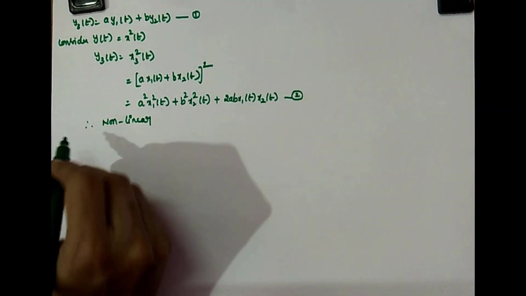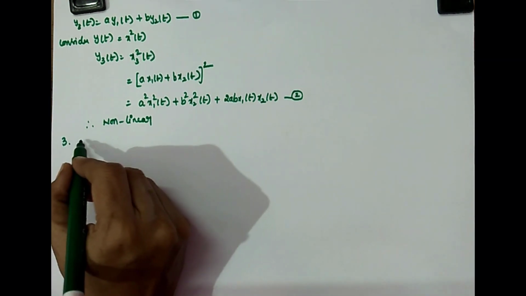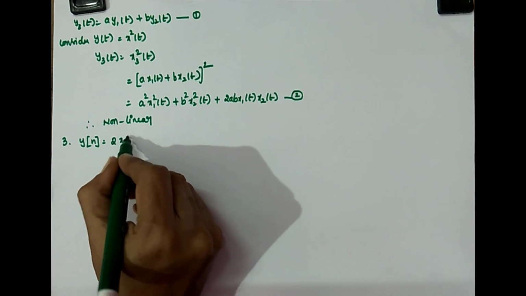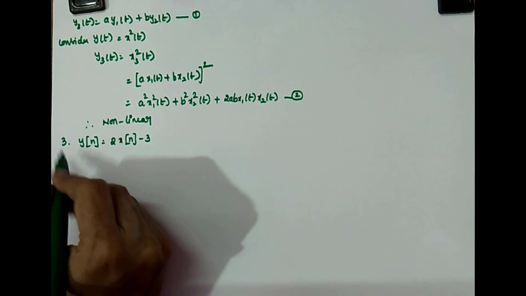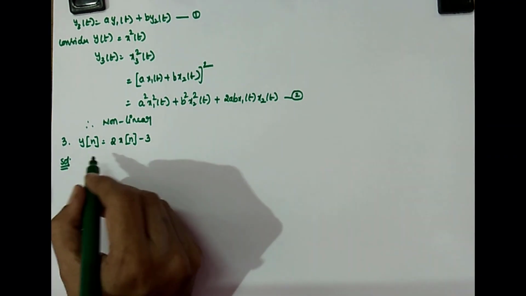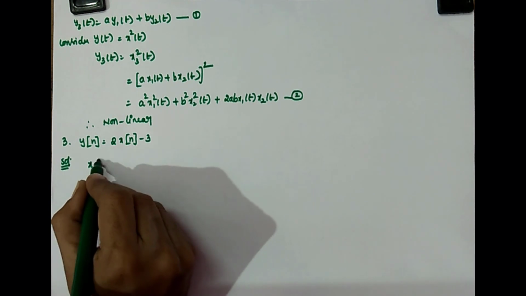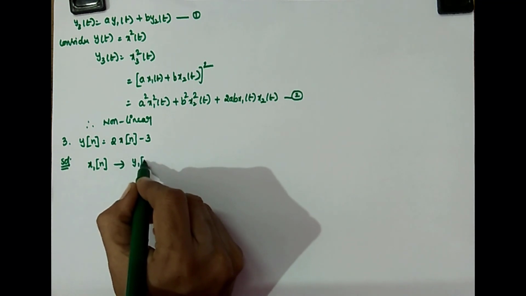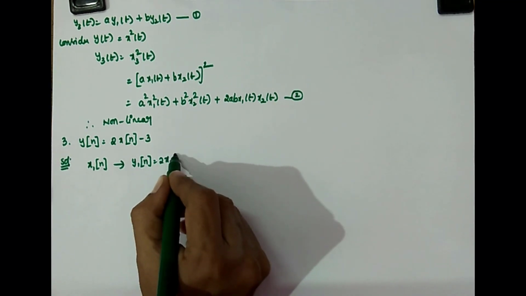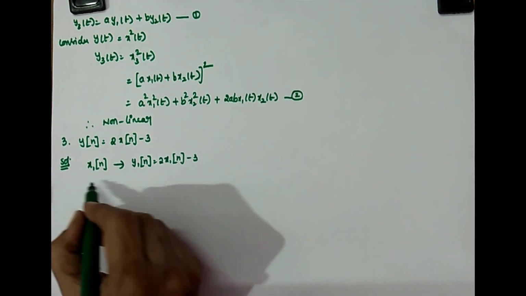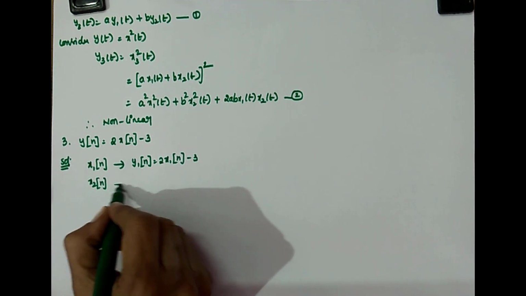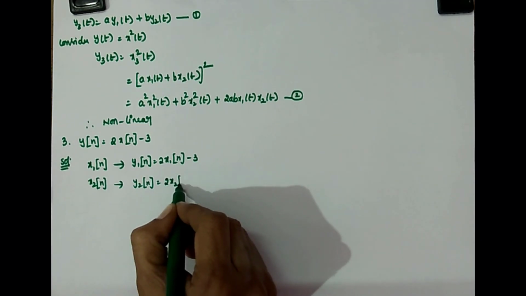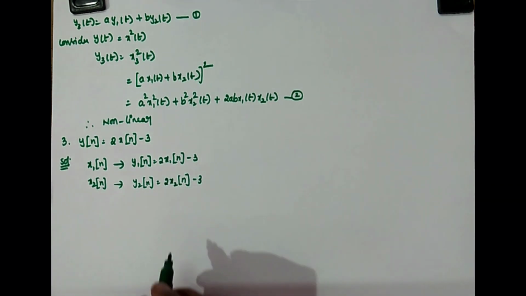Okay. Then let us see another problem. Y of n equal to 2x of n minus 3. We'll follow the same procedure. For x1 of n, if x1 of n is input, y1 of n equal to 2 into x1 of n minus 3. And for x2 of n, y2 of n equal to 2 into x2 of n minus 3.